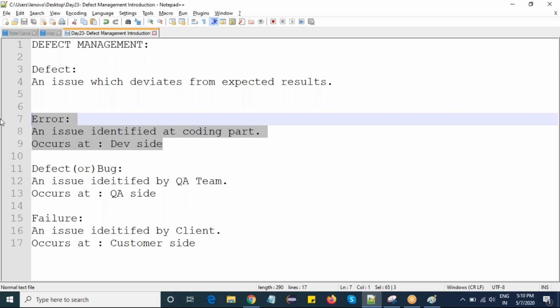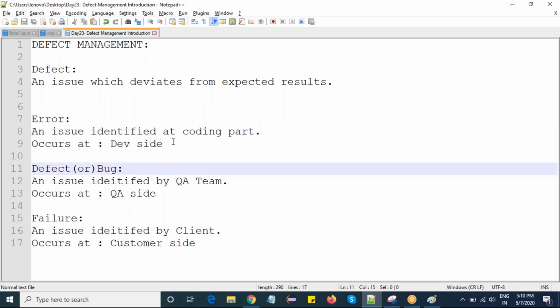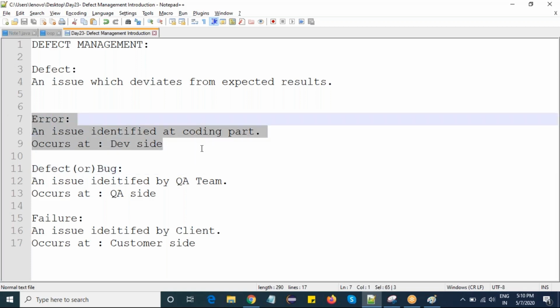And if the QA team thoroughly checks the application, then zero defects will be seen at the production side or client side. So try to identify the issues at the developer side as quickly and as many as possible, so that there are no defect leakages to the customer side. So an issue occurring at the developer side is always better.